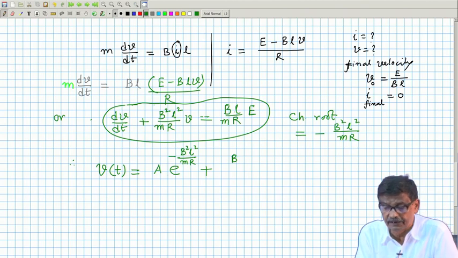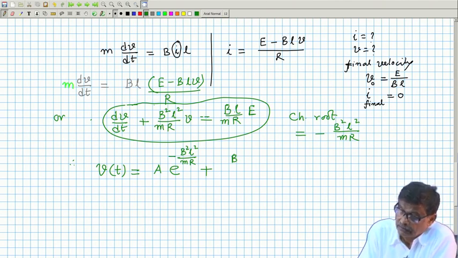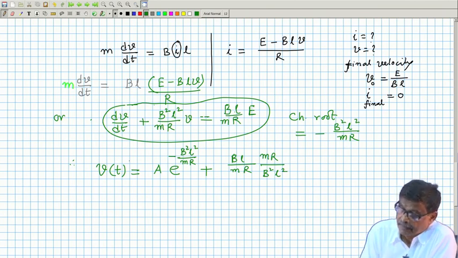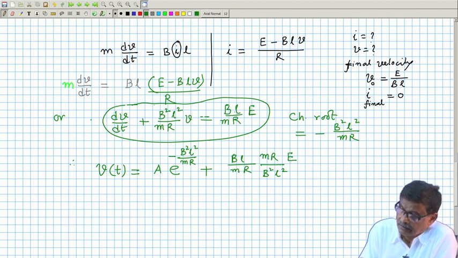That is, you suppress this term dv/dt, and whatever is V, this divided by this is this one: B L by m R divided by B square L square by m R, into E. It will be expected to be the velocity. Hopefully, it is correct. If I am not correct, I will get a wrong answer.